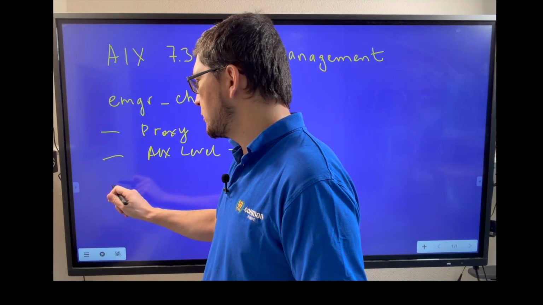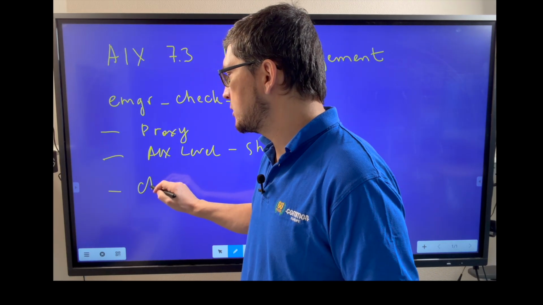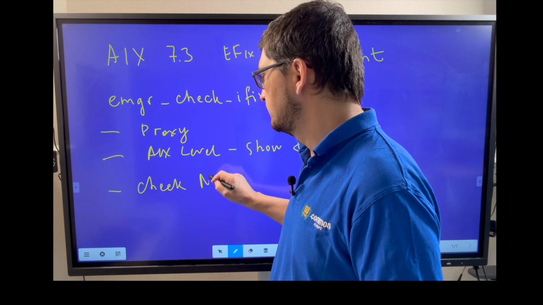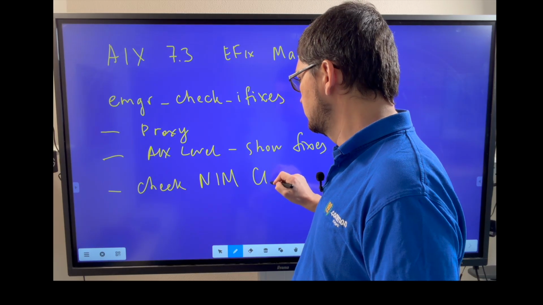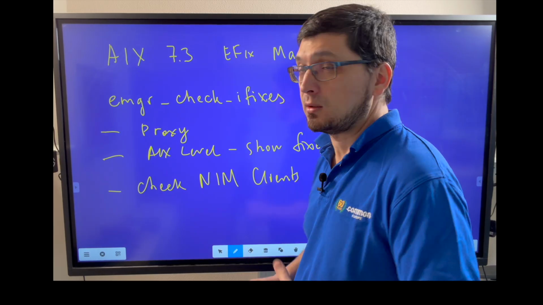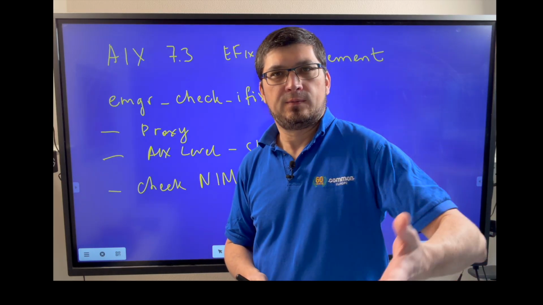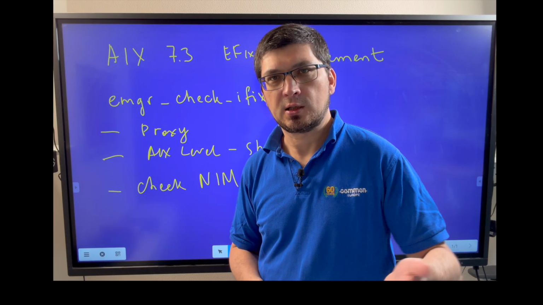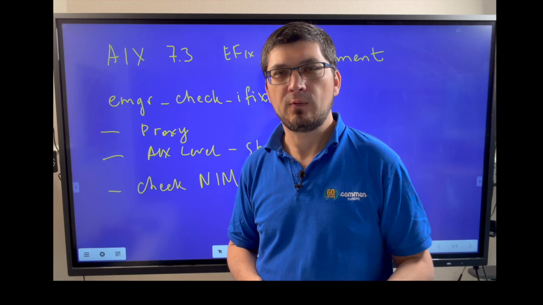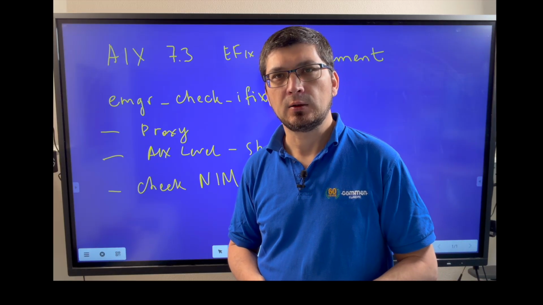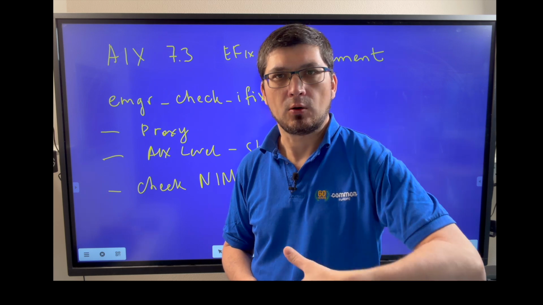Another thing which is also very useful is checking of NIM clients. It is also a very usual situation when I have access to the internet on my NIM server or one of the servers, and I don't have access to the internet on all servers.